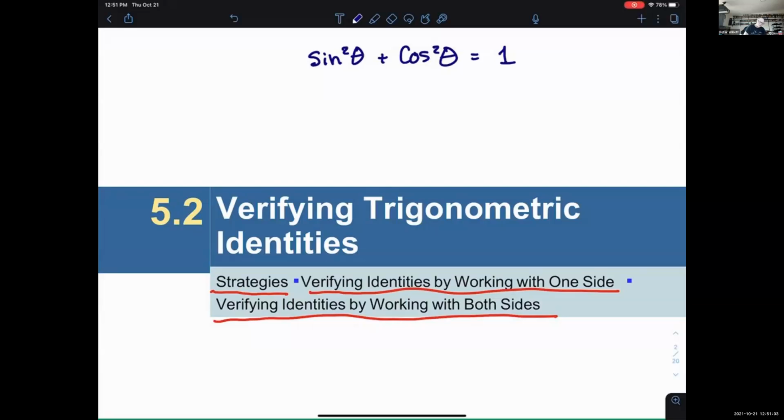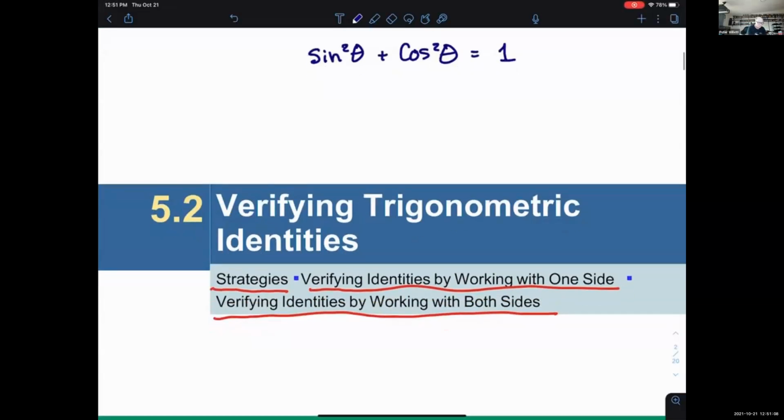And we also have an identity that tan squared theta plus 1 is equal to secant squared theta. These are both given to us in some of our fundamental identities.